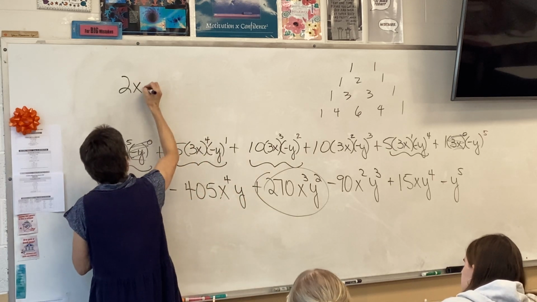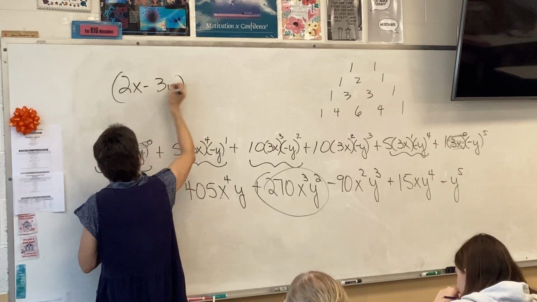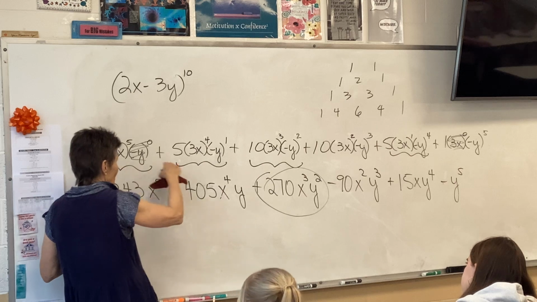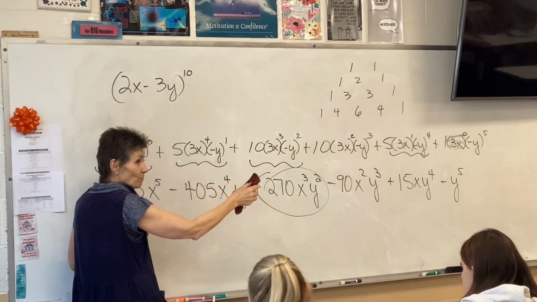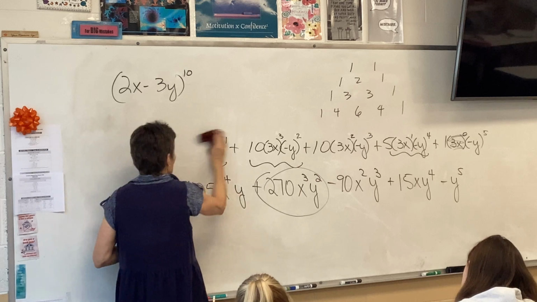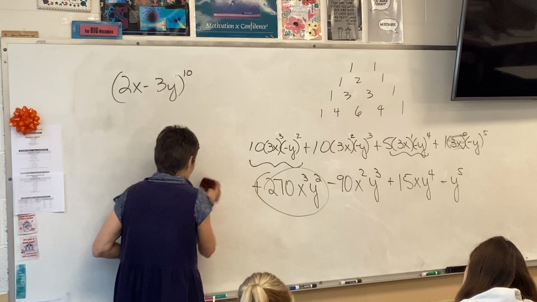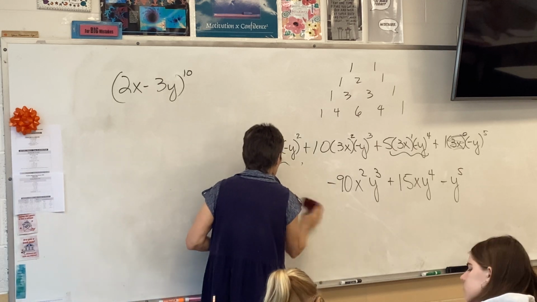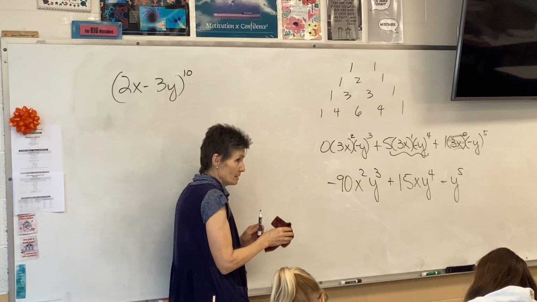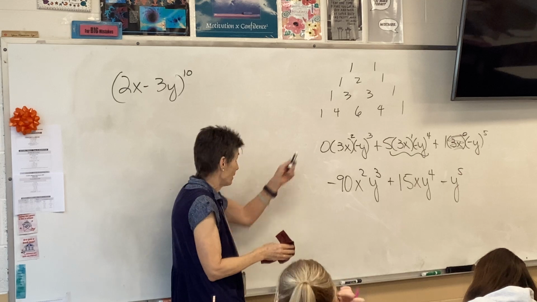Oh boy. Now, remember how I started by writing down the 1, 5, 10, 10, 5, 1? I need to figure out what number I'm going to write down. And the number that I'm going to write down would be the third number in the 10th row of Pascal's triangle.